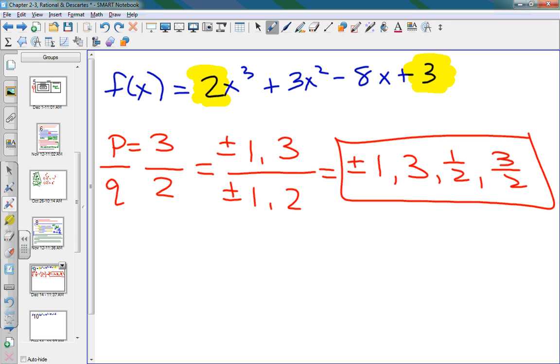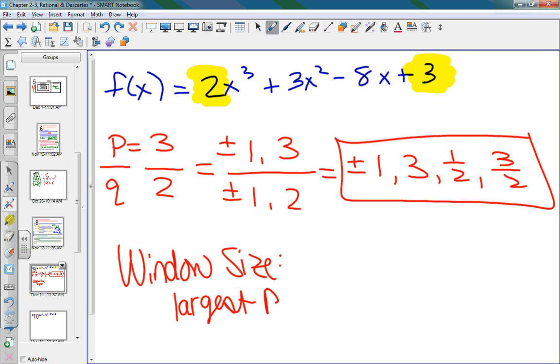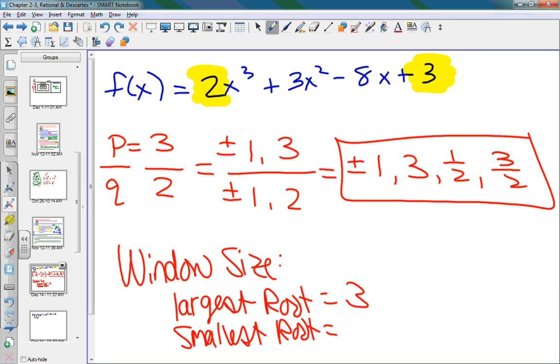Okay? Now, can you tell me what my window should be? What's my largest number? My largest possible root. 3. My largest possible root is going to be 3. So what's my smallest possible root? Oh, come on, don't forget those negatives, folks. If 3 is my largest, then negative 3 has to be my smallest.